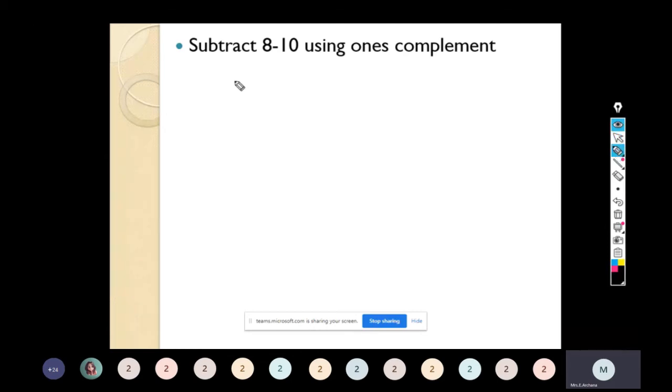Yes, we know the binary value for 8 will be 1000. 10 will be 1010.